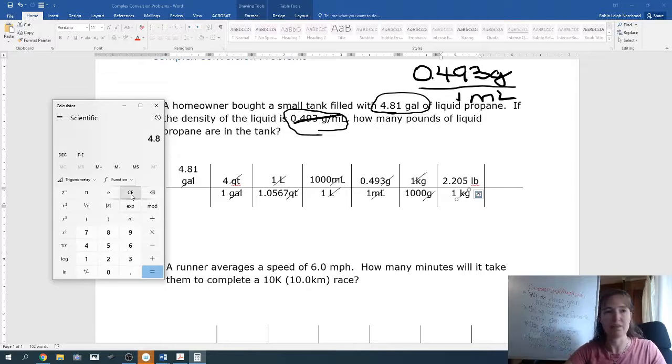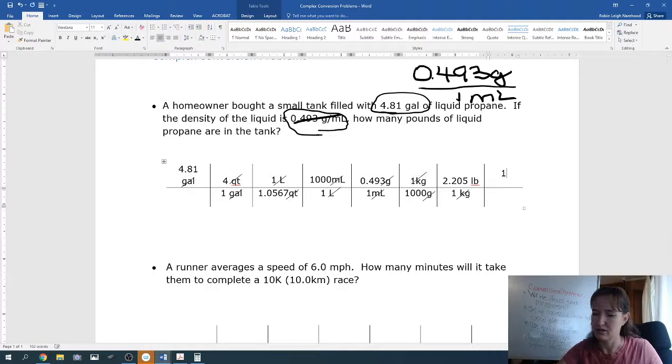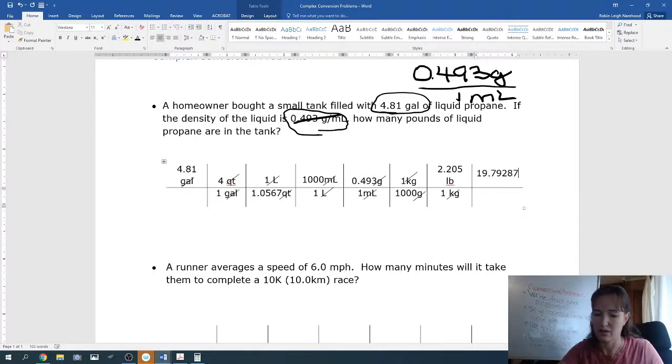And so we just do the math, the arithmetic, 4.81, and then I'm going to multiply across the top, so times 4 times 1,000 times 0.493 times 2.205, and then I'm going to divide by the bottom, divided by 1.0567, divided by 1,000, and I get this long number, 19.79287, and then it just keeps going.